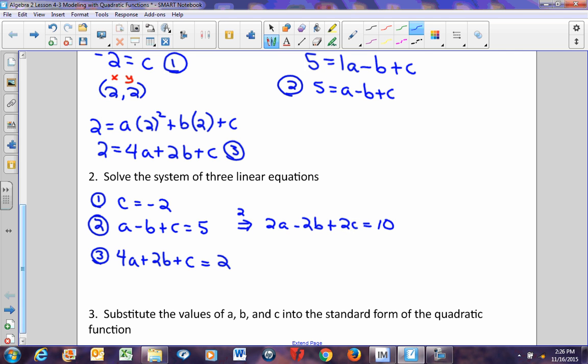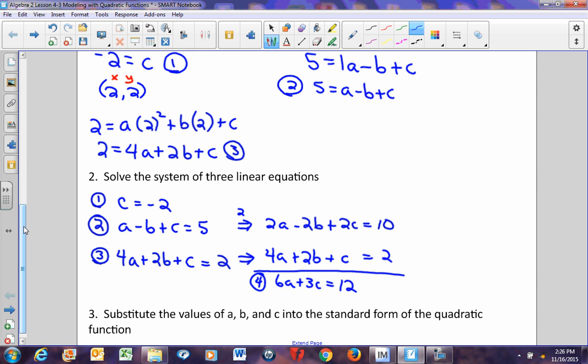And if I take equation number 3 just as it is, I will have 4a plus 2b plus c equals 2. If I add those 2 equations together, I get 6a plus 3c equals 12. So this is equation number 4.